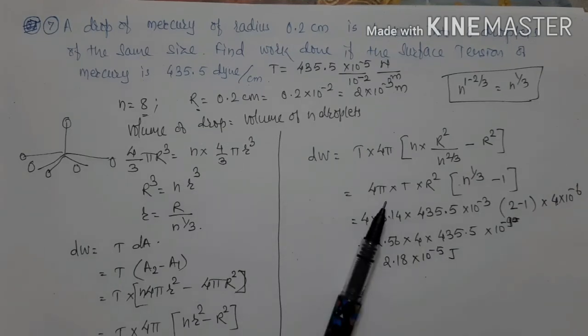This is the answer that we will get here. It should be 2.18 into 10 to the power of minus 5 joule. Then we will go for one more.